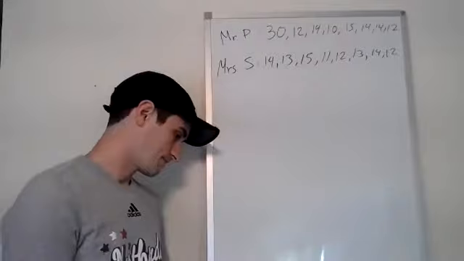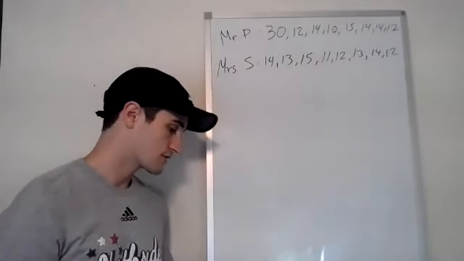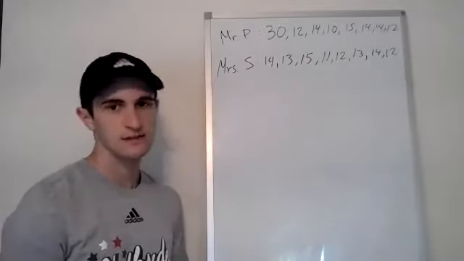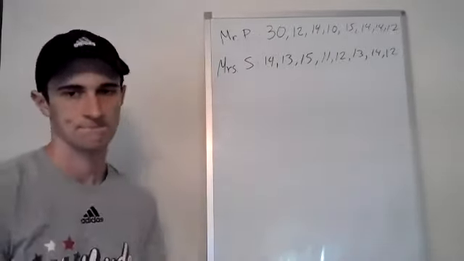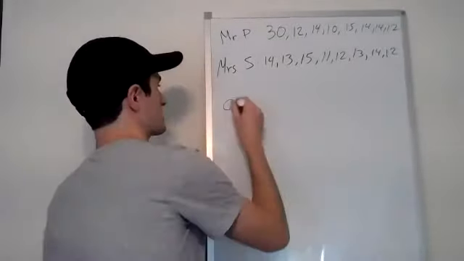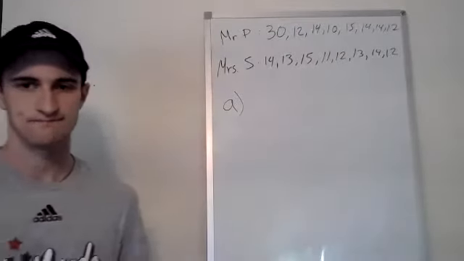So first, part A says, which measure of center, mean, or median is best to use to compare the 2 data sets? Explain. Okay, so let's look at those 2 data sets.